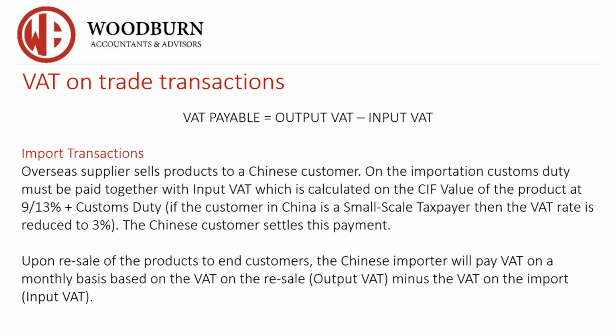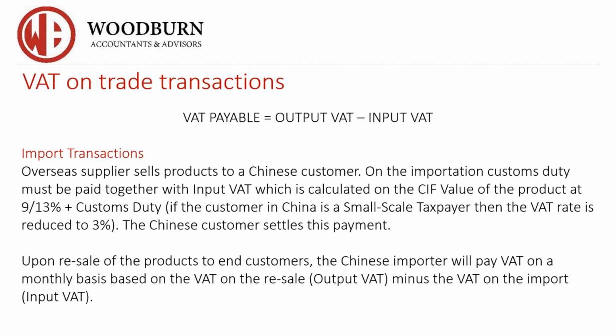You've got to go back to the table, it depends on the product, plus customs duty, okay? Now, if the customer in China is a small scale taxpayer, then the VAT rate is reduced to 3%. As a trading company, you may not want to be a small scale taxpayer though, okay? You buying the goods are going to settle this payment.